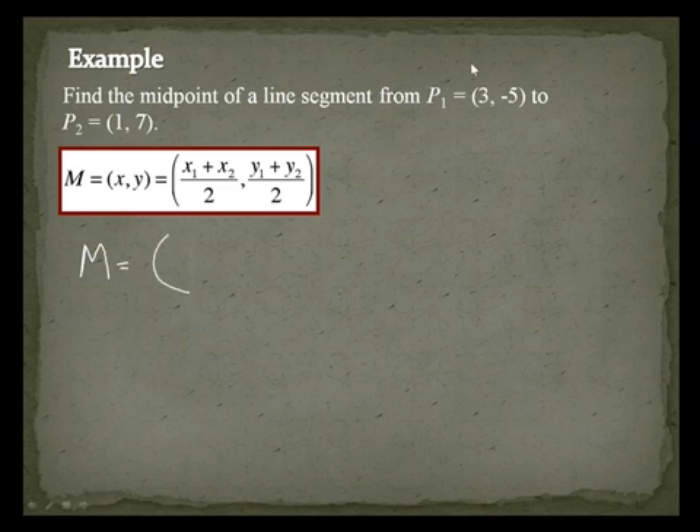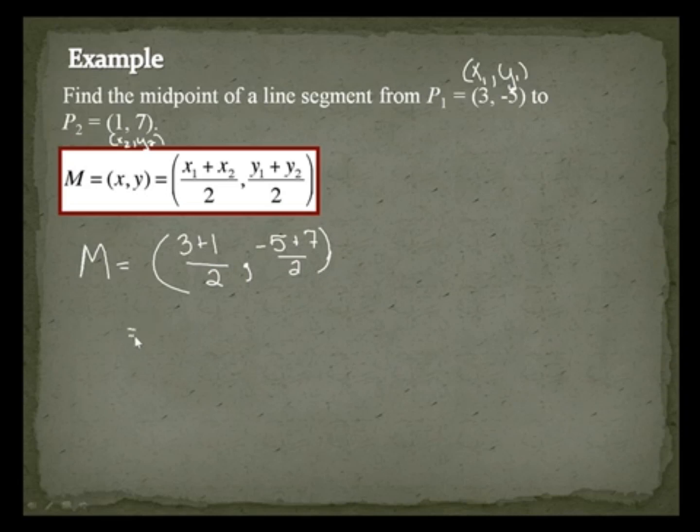Now once again, if this is P1, it's x1, y1, and x2, y2, just like before. So we're going to have x1 plus x2, so we're going to have 3 plus 1 divided by 2. Make sure you put your comma in there. And then we're going to add the y's, so negative 5 plus 7 over 2.